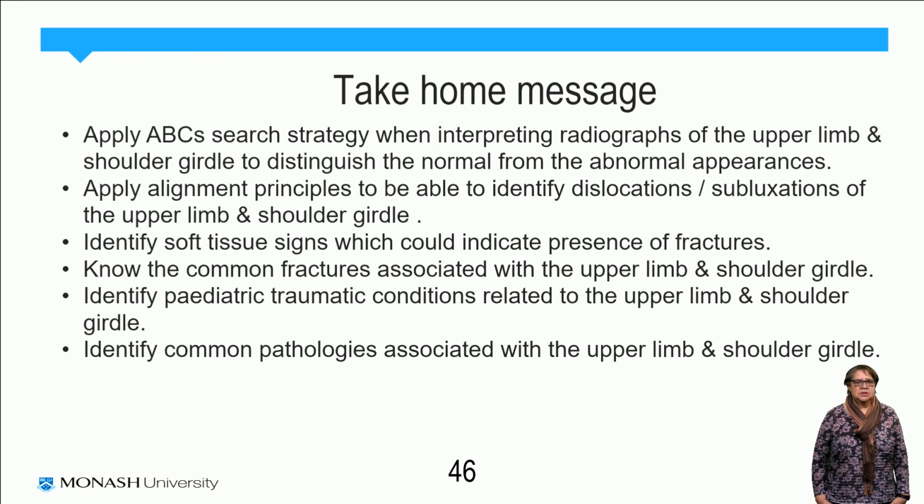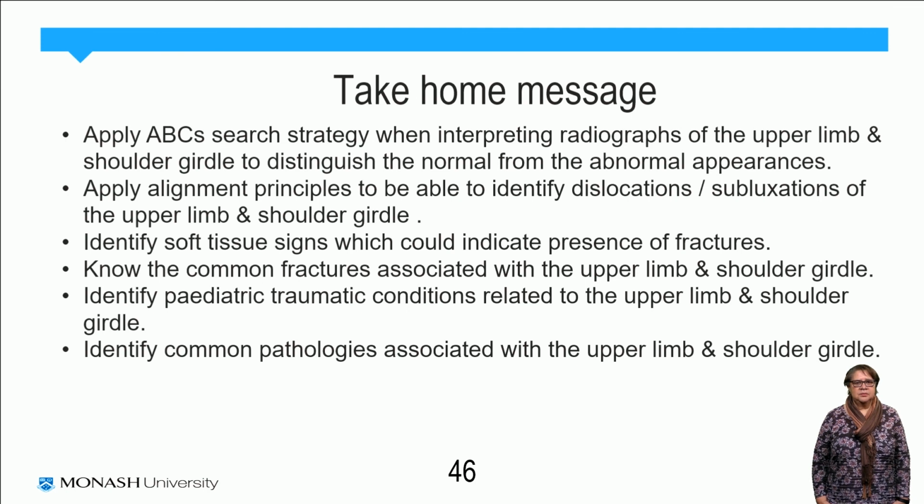So the take-home message after the two parts, part A and part B, is that you should always apply the ABC search strategy when you interpret radiographs of the upper limb and the shoulder girdle, so that you are able to distinguish between what is normal and what is abnormal. You also need to apply alignment principles to specific body regions so that you can identify whether there's a dislocation or subluxation.